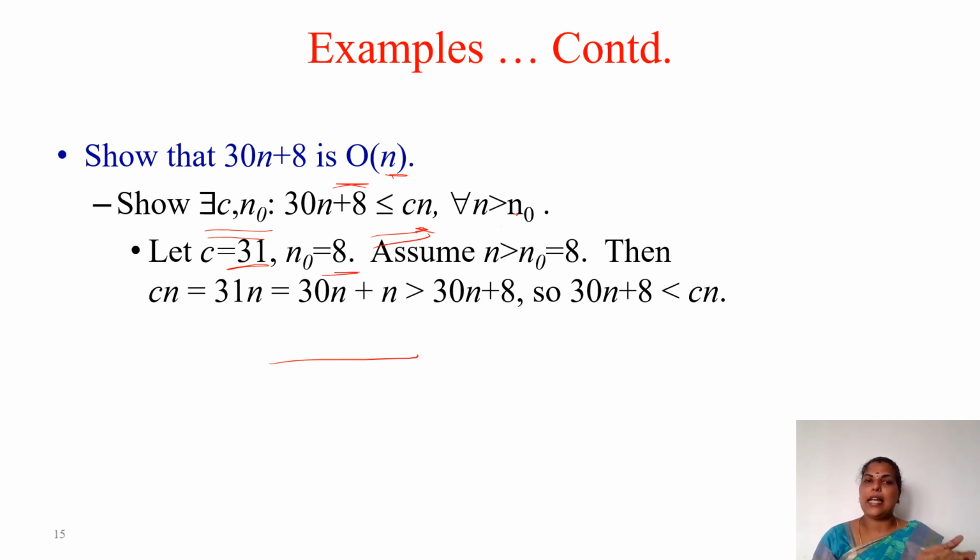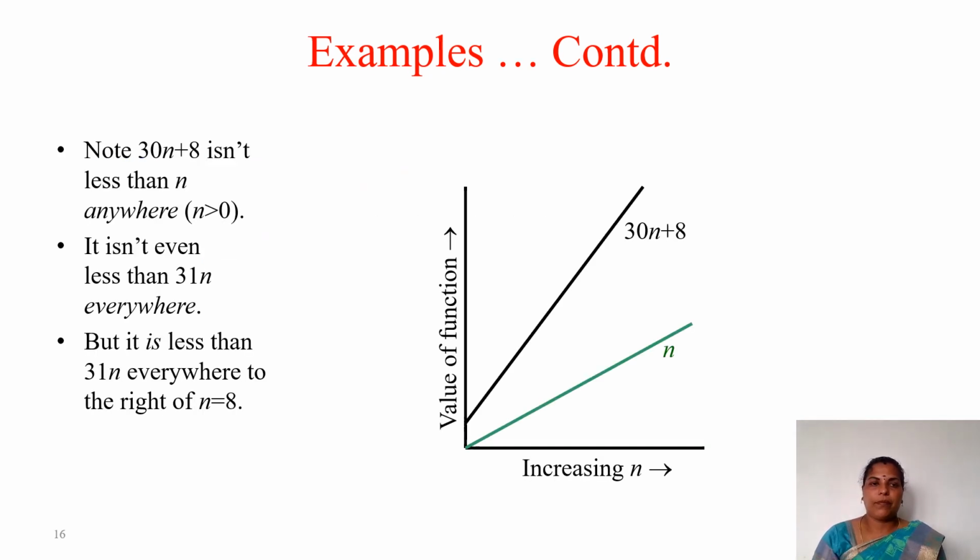Likewise, if it is given that 30n plus 8 is big omega of n, you can also prove it. You have to change the constant values only. Here you see 30n plus 8 is less than 31n everywhere to the right of n equal to 8. So it is growing this side.